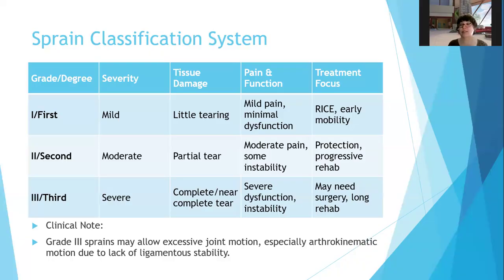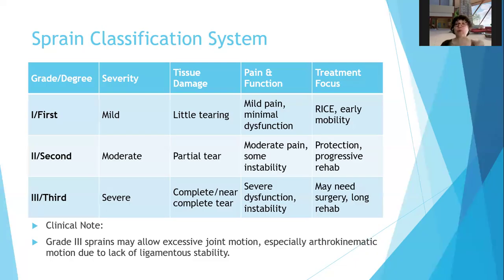And there are a lot of special tests that you'll learn in your orthopedics class. So a first degree or a grade 1 sprain, there's little tearing of the ligaments, mild pain, minimal dysfunction, and we're going to treat it with RICE and early mobility, because mobility equals circulation and circulation equals healing, right?